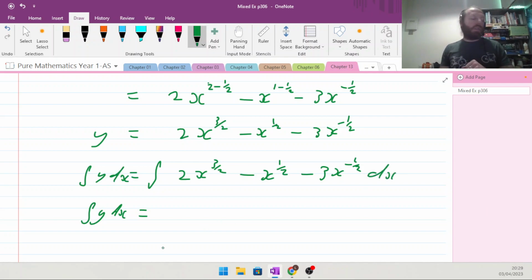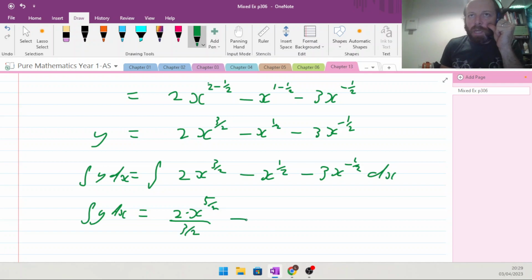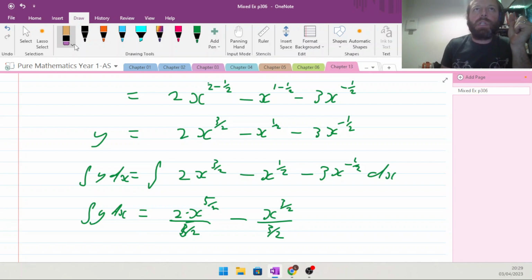so integration, we raise the power by 1 and divide by the new power. So as we raise this by 1, it goes to 5 over 2, so we've got x to the 5 over 2, and the 2, and we are going to be dividing by the 3 over 2, minus, right, x to the 3 over 2 divided by 3 over 2, I've written that as a 5, 3, not a 5, I should say.